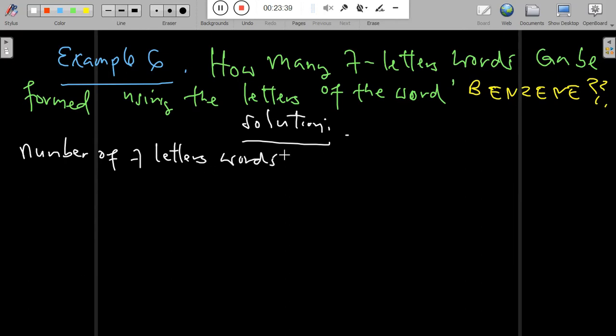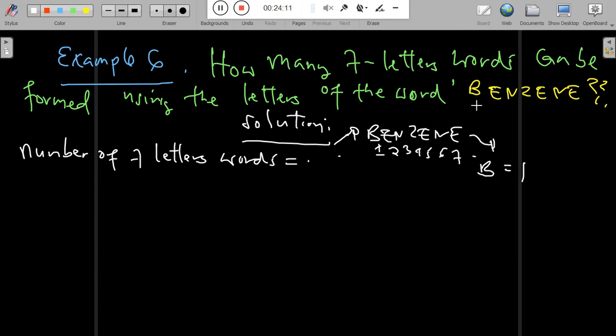But remember, from the word benzene, there are some letters which are repeated. They're almost 7, but some of the letters are repeated. For example, instead of B, we have only a single B from our word benzene. But when you look at E, we have 3 letters E, as observed.